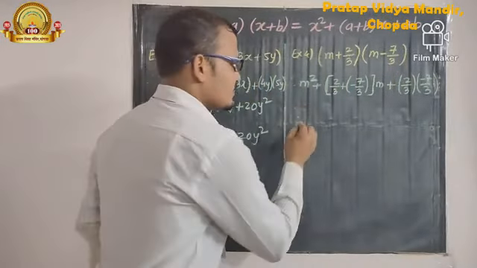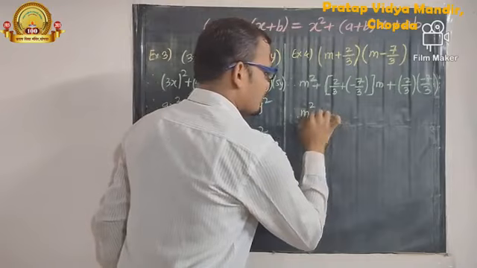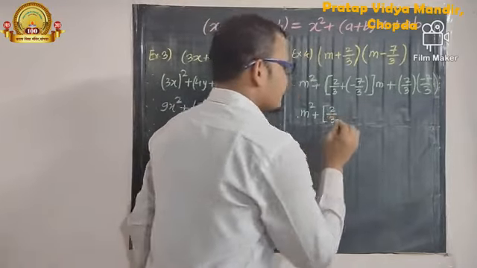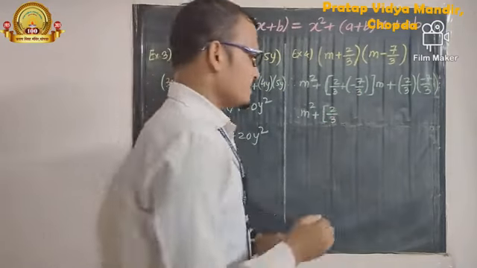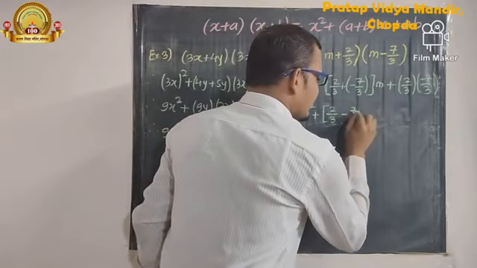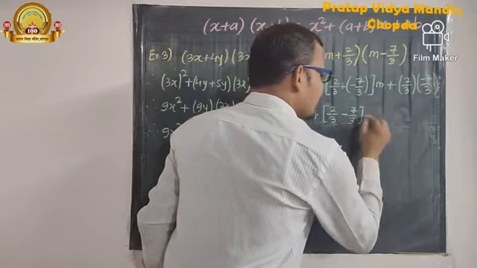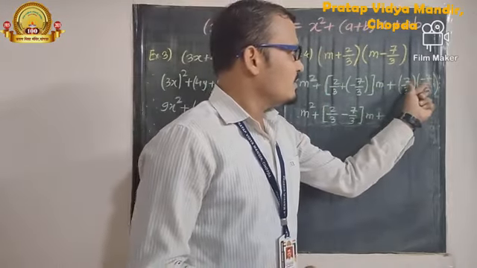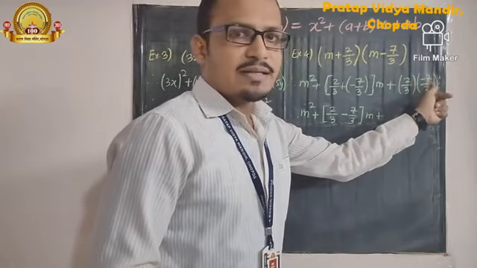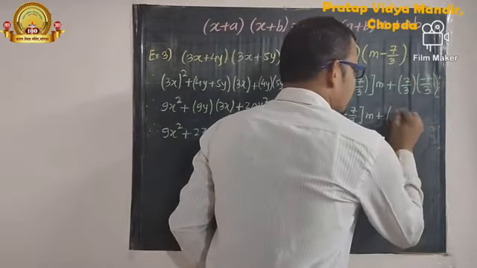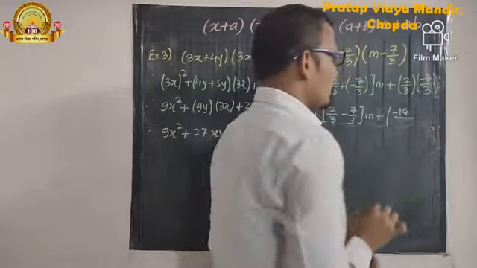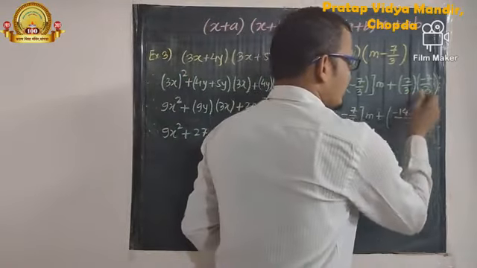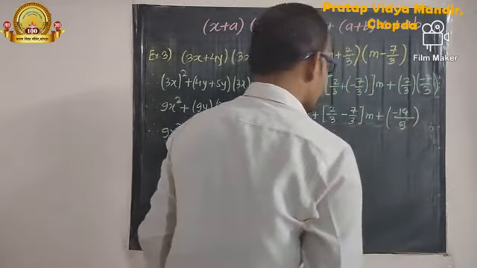Therefore, m square is m square plus here 2 upon 3 as it is. Now plus into minus, minus, so we take here minus 7 upon 3 into m as it is plus. Now here 2 into minus 7, minus 14, and multiplication of denominators 3 into 3, 9.